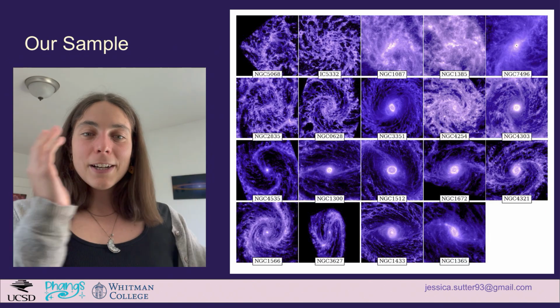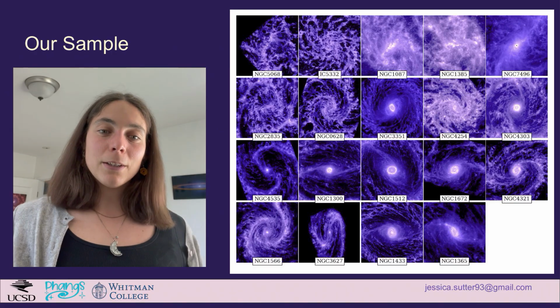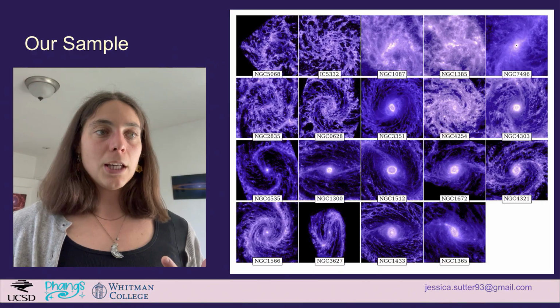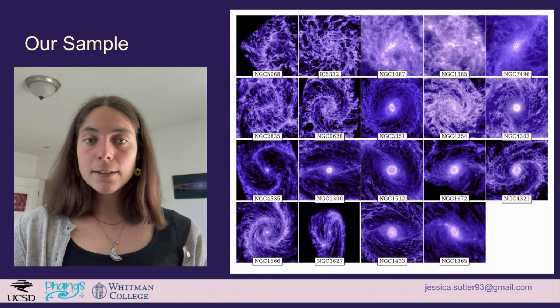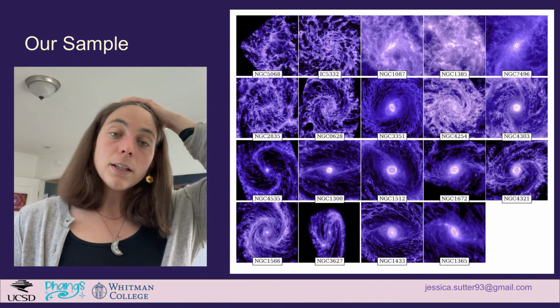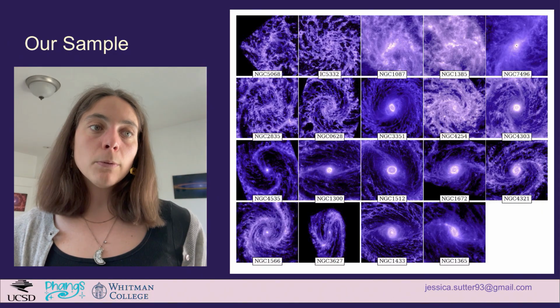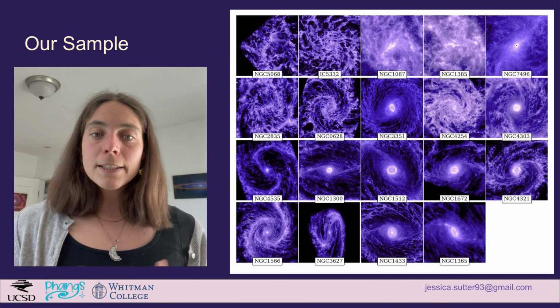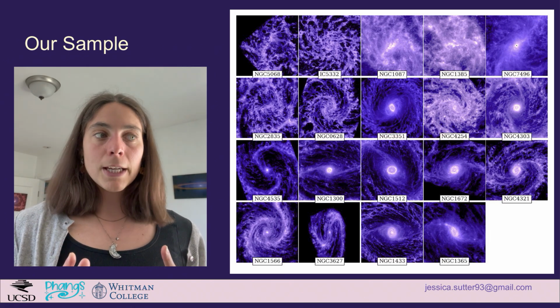So once we have our F770W with the starlight subtracted, we can start going about looking for PAHs and where the PAHs are in our sample of galaxies. For this work, I focused on the 19 galaxies included in the PHANGS-JWST Cycle 1 program. They're all shown here. These are all nearby galaxies, so distance is less than about 20 megaparsecs.